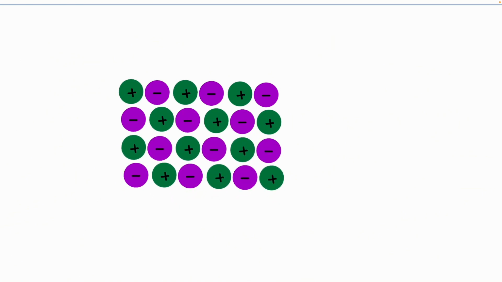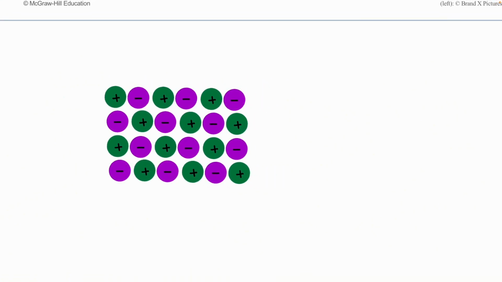We're going to do these repeating arrays of positive charges and negative charges, using the same coloring scheme from the previous slide. We don't just have two, we have a whole bunch of them lined up in every direction. My next layer is going to be staggered so that positive charges are all surrounded by negative charges, and negative charges are all surrounded by positive charges. So here's my ionic solid.